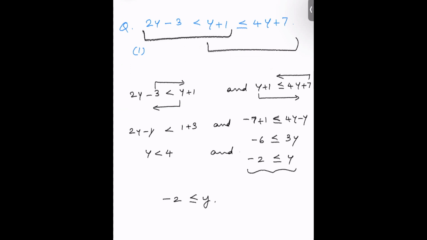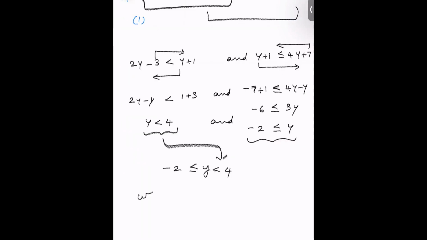So I'm just writing y ranges between minus 2 and 4. I join this here, just put less than 4. So minus 2 less than or equal to y, then less than 4. Both the solution sets I'm joining here.